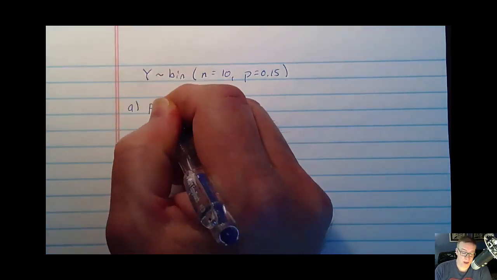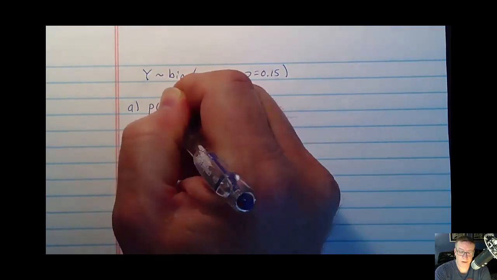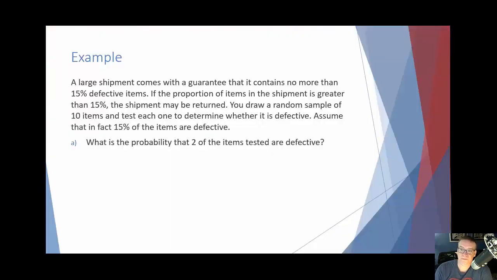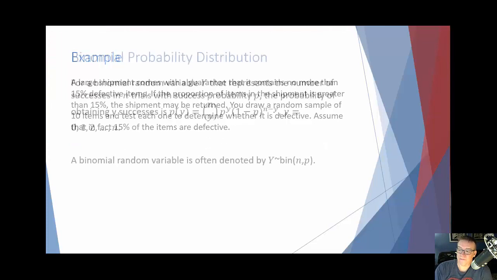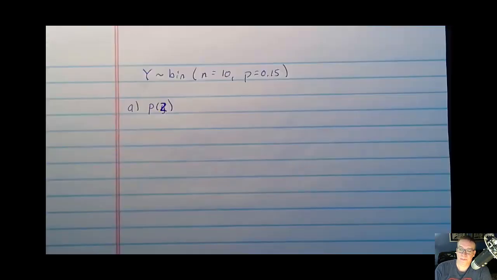So we know this. And what we're trying to find in part A is the probability that 2 of those items are defective. Now we've got a formula that tells us how to find that probability.